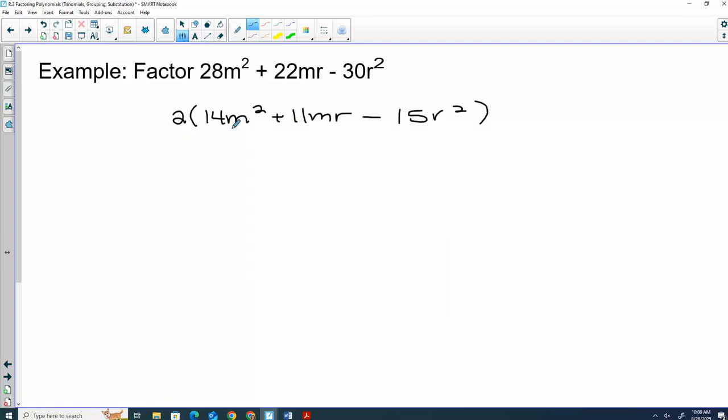Now, we can slip and slide with what's left. So that 2 is just staying out in front. 15 times 14, 210. Is that right? Double check my math.